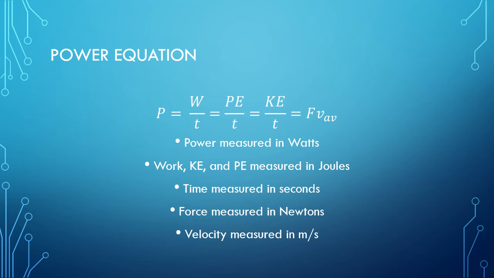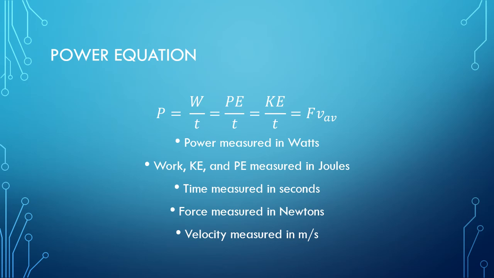For power, there are several different equations because we said power is energy over time, and we talked about 3 different forms of energy: work, potential energy, and kinetic energy. So that's why we're going to have several different equations.